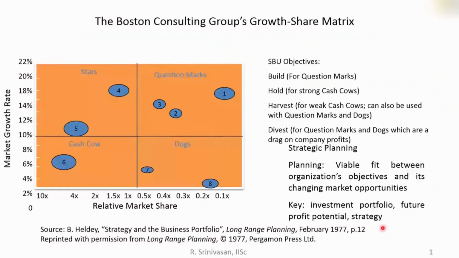Sometimes you may find that one SBU may be contributing more than 30% towards your total sales revenue. What does that mean? It means you should give this SBU maximum attention. You cannot allow it to slide down because it is going to impinge on your sales revenue. This is a wonderful matrix which was put forward initially by the BCG company and is used now also by almost all the companies operating in the competitive market.